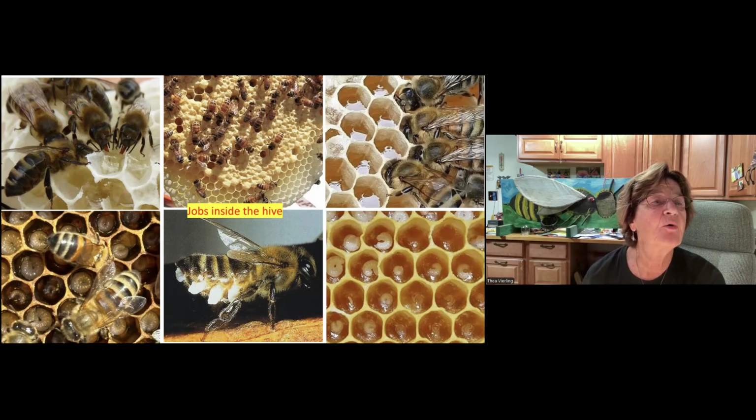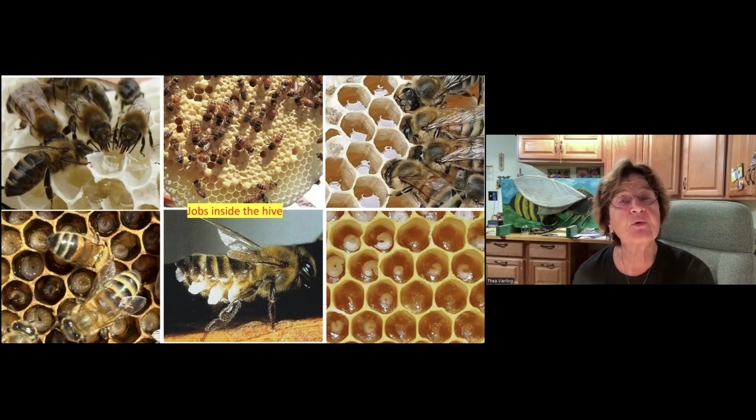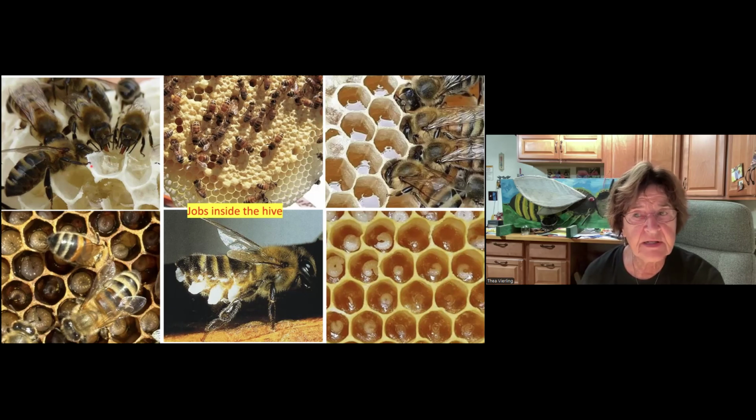This is called comb. And here you see the honeybees, which are taking the wax off of the abdomen of their other beekeeper bees, and they're making a wall and they're making cells. Each one of these cells has 6 sides, so it's a hexagonal shape. And the hex shape is very important in the bee world.